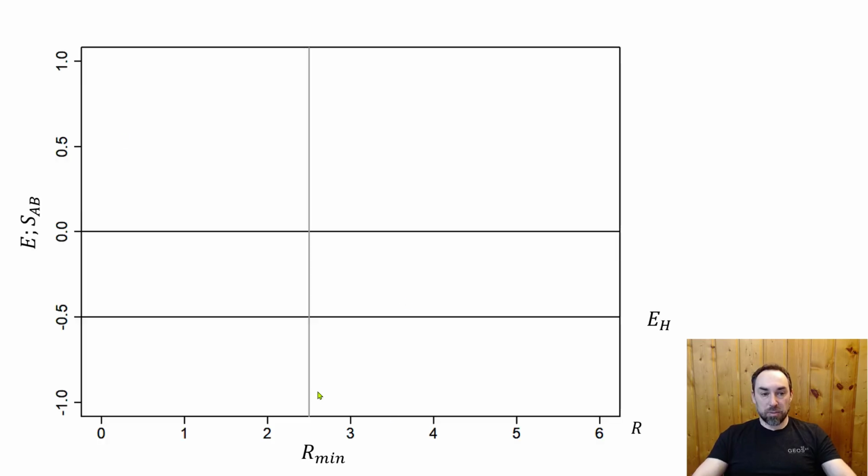Again, we start with our reference, EH, negative 0.5 Hartrees, and here I'm drawing a vertical line. On the x-axis we have the bond distance. I drew a vertical line at 2.5 Bohrs, which is what we were using. And on the y-axis, these numbers are either energy in Hartrees or overlap, depending on what we are plotting.